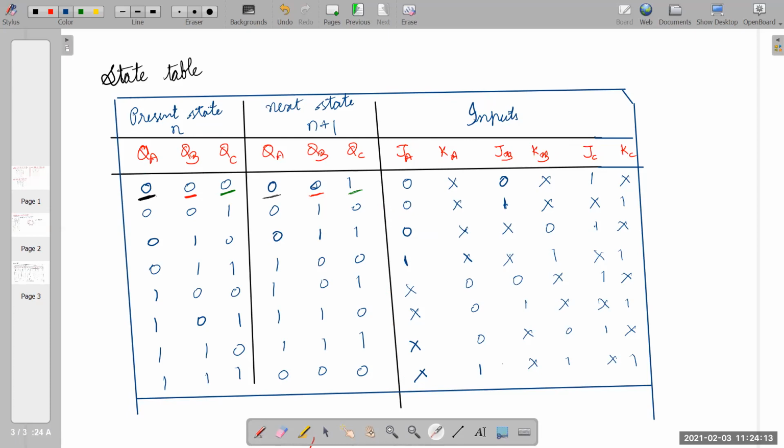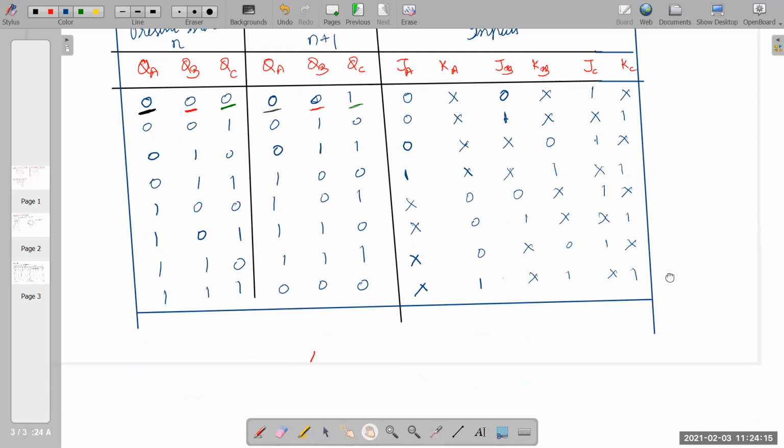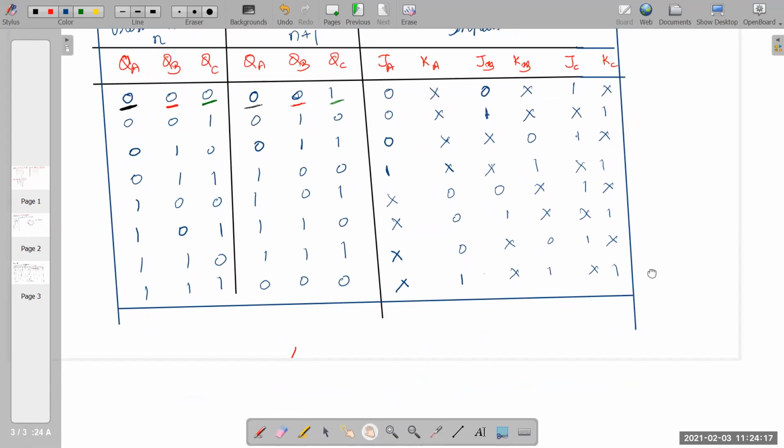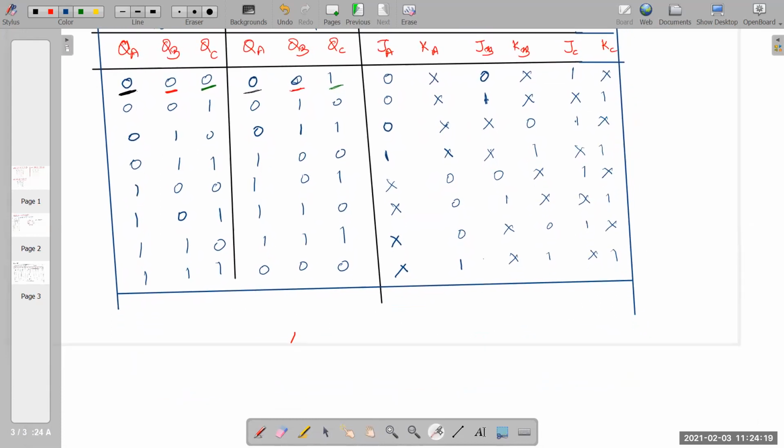So I think I can scroll it down and it will be easy for me to write the K map. Yeah, this is okay for me. First thing, using present state, that is your n, within bracket I can write QA, QB and QC.